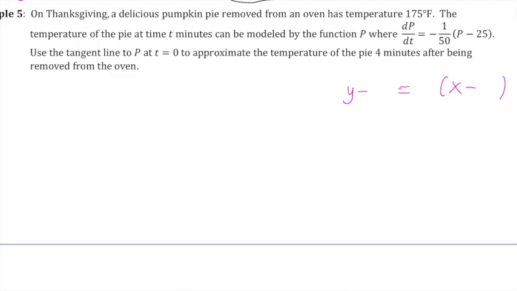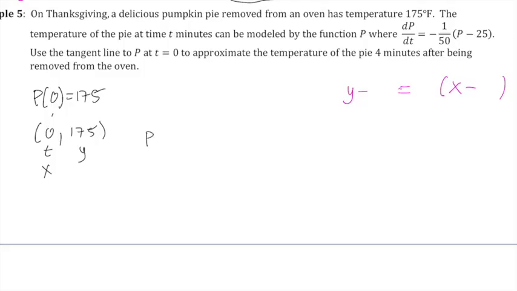Now we can deduce that at time equals 0, the pie is at 175 degrees. So let's write that. And that does give us our x and our y. Or in this case, our t and our y. You can think of it as x as well.